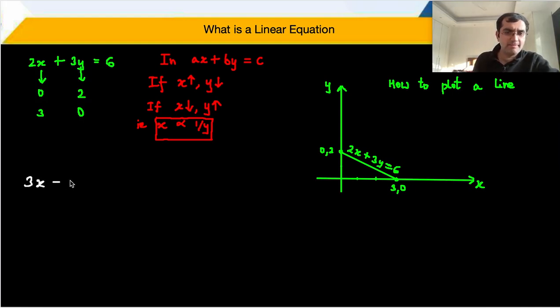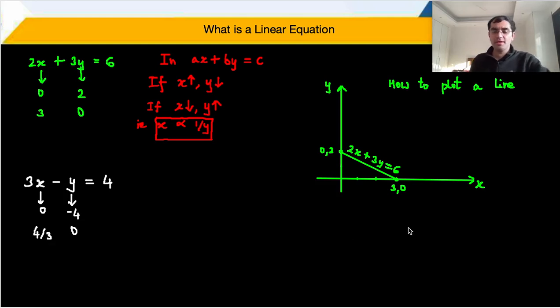3x minus y is equal to 4. So if x is 0, y becomes minus 4, and if y is 0, then 3x is 4, x becomes 4 upon 3. Right? And once again, we are going to plot these 2 points and observe the equation.